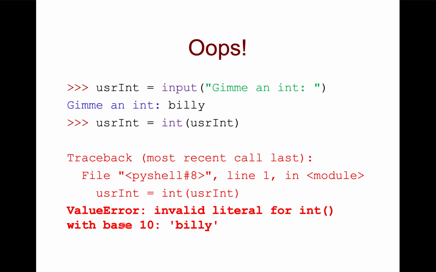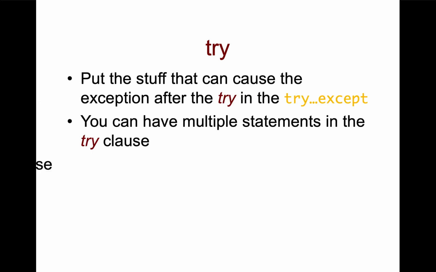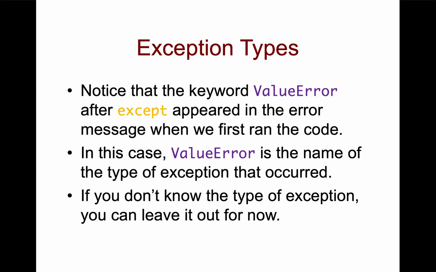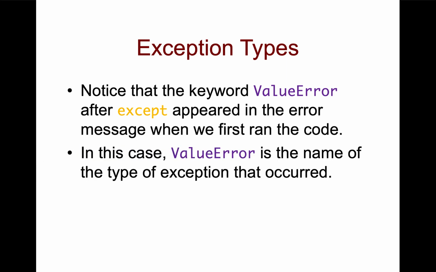So when a runtime error occurs, Python will tell you what the type of error is. Oh, sorry, it's here. So notice that the keyword ValueError appeared in the error message when we first ran the code. And in this case, ValueError is the name of the particular type of exception that occurred.